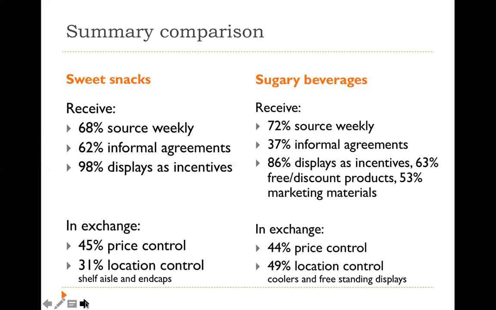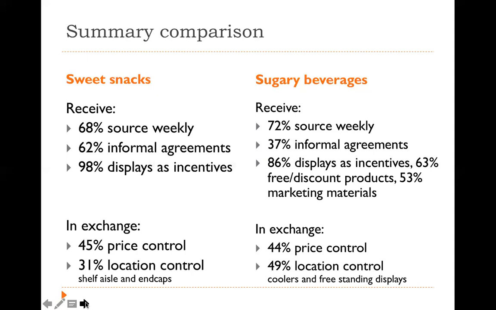get these products sourced weekly in about 68% of the stores. A little over half have informal agreements. Most get displays as their incentive. Whereas compared to sugary beverages, about 3/4 source weekly, a much lower percent of informal agreements. It does seem like formal agreements are more common in sugary beverages.